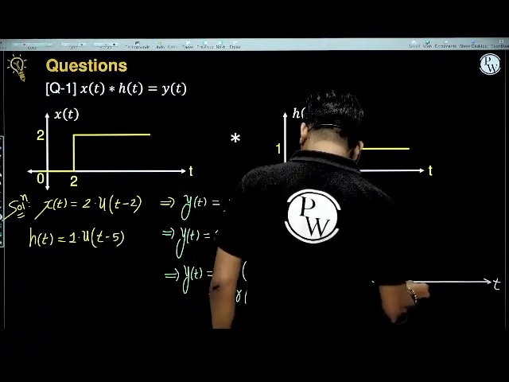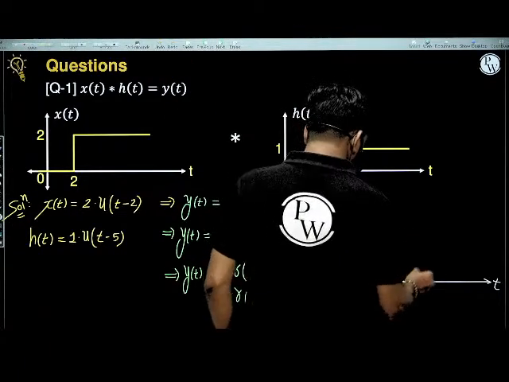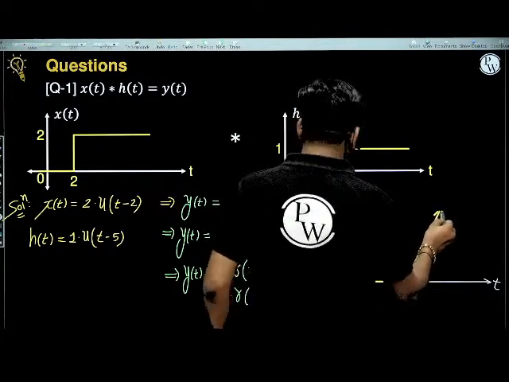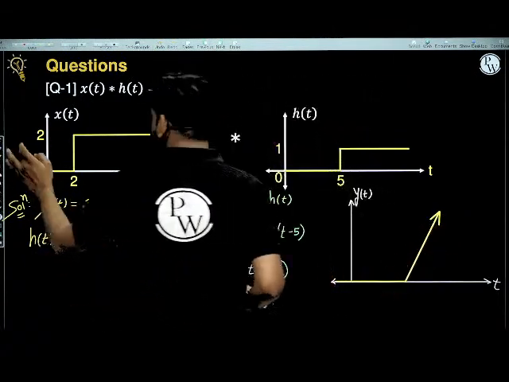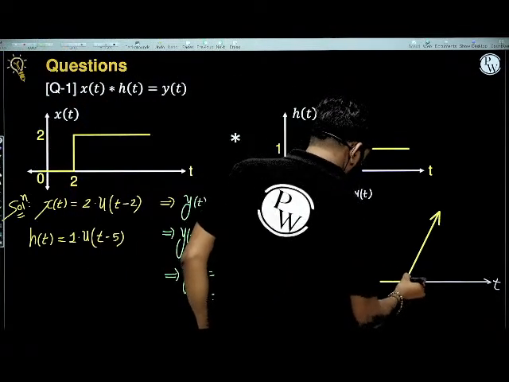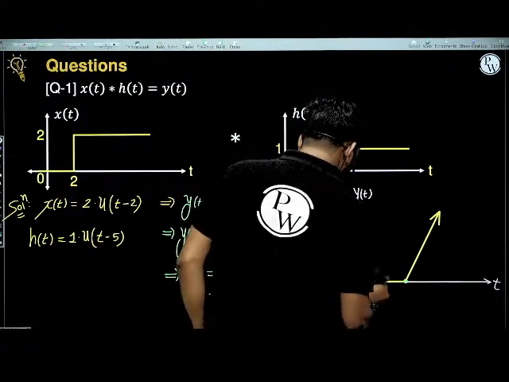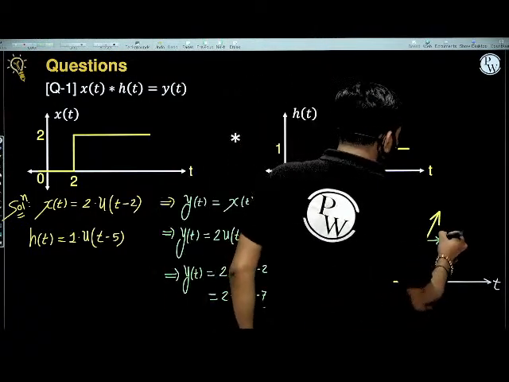So starting from 7 going towards the right side, and here the slope is plus 2, guys.